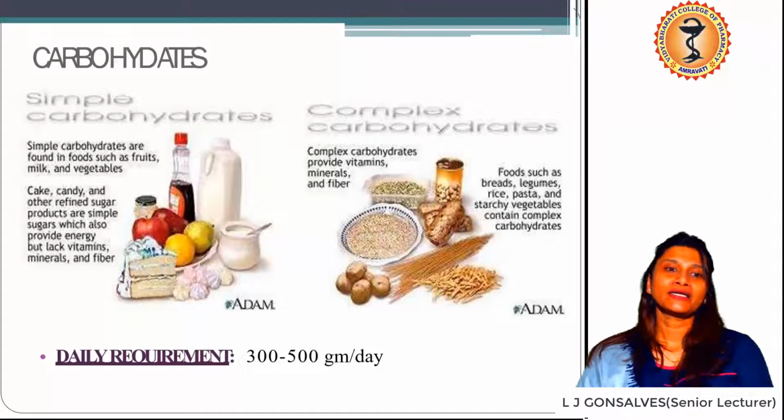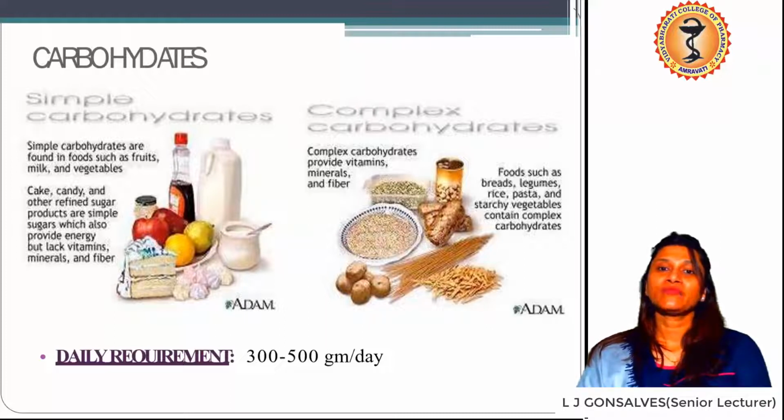Simple carbohydrates are found in foods such as fruits, milk, and vegetables. Also, cake, candy, and other refined sugar products are simple sugars, which also provide energy but lack vitamins, minerals, and fibers. You can see in this slide the picture and the sources from where we can get simple carbohydrates.